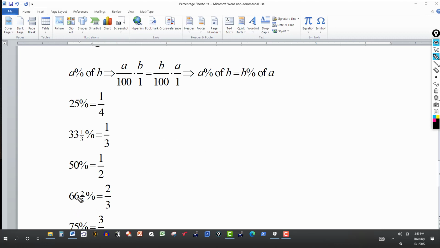And then do the same thing with this one. 66 and 2/3, I'm changing into an improper fraction. 3 times 66 is 198, and 2 is 200. So that gives me 200 over 3. And the percent sign means divide by 100. So I just write it times 1 over 100. Same thing. And then here, these divide out and leave me 2/3.